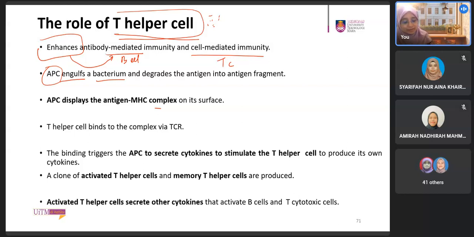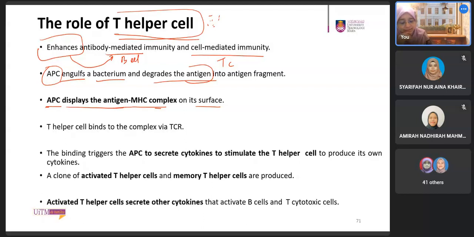So APC engulfs a bacterium and degrades the antigen into antigen fragments. Okay, so the bacterium is engulfed by the phagocytes. Macrophage for example, it becomes APC and then presents the antigen molecule from that virus or pathogen or bacteria, using class 2, and then dia akan presentkan kepada helper T cell lah. So APC displays the antigen MHC complex on its cell surface, or the plasma membrane of the APC.